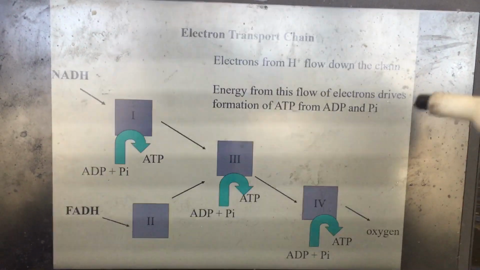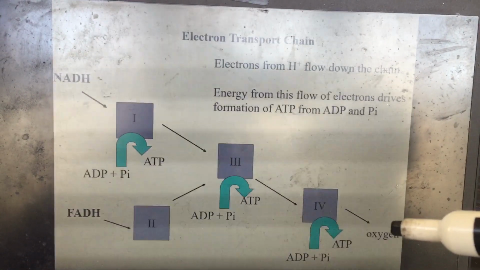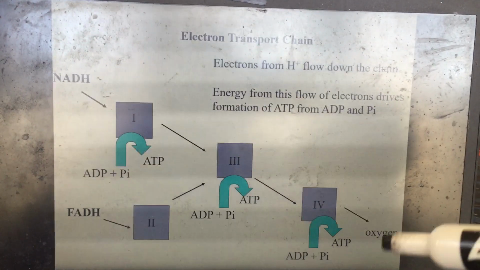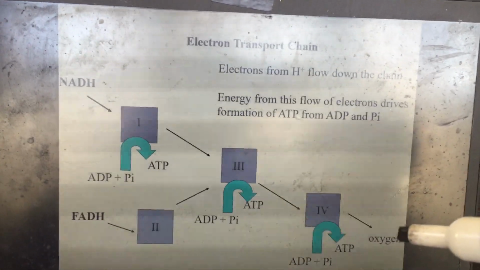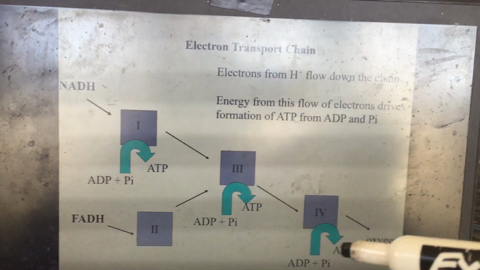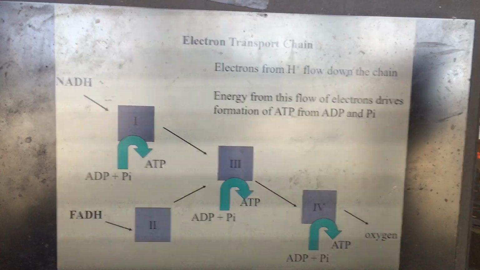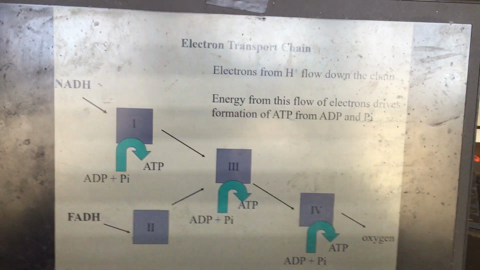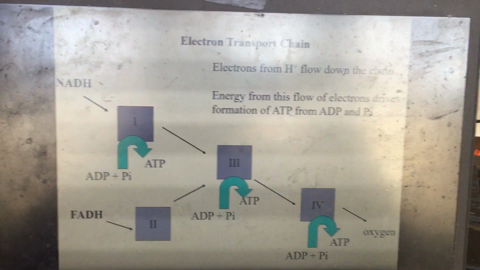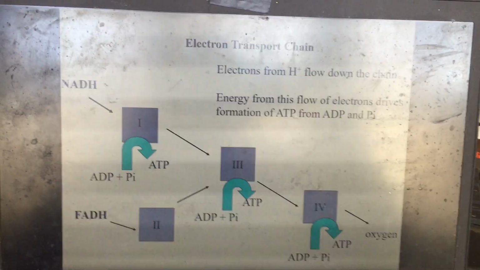And then you also have oxygen as your last acceptor of the electrons that flow down this chain, and they form water. And then you have ADP and inorganic phosphate that also feed into the electron transport chain to form ATP.